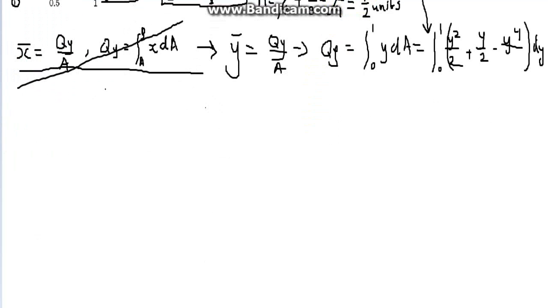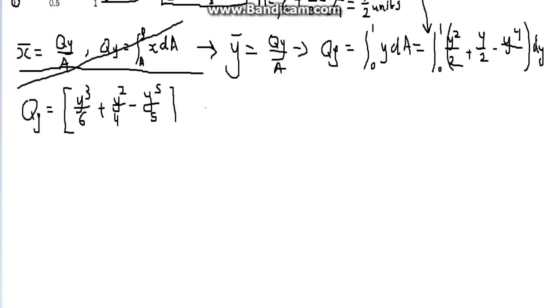Now moving down below, QY equals, let's just quickly integrate, basic math again: y cubed divided by 3 times 2, 6, plus y squared over 4 takes y to the power of 5 over 5. Close the brackets, integrate between the two limits, and you get 1 over 6 plus 1 over 4 takes 1 over 5.